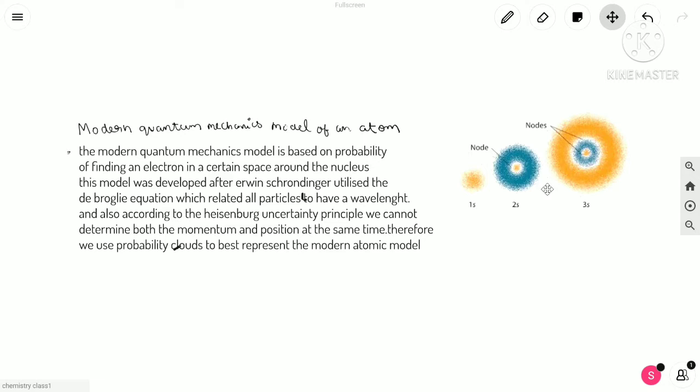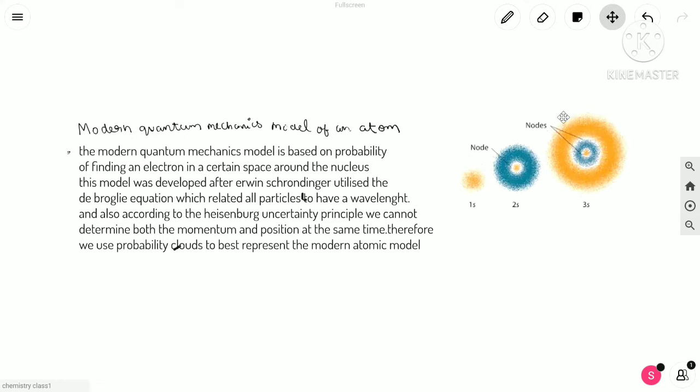And then over here on the right side, we can see the modern quantum mechanics model of the atom, in which basically we take a picture of the position of the electron multiple times, and we combine the pictures and we get this.